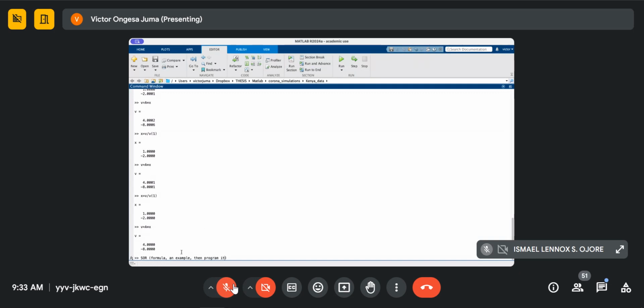So you have a formula, you have an example. Of course, you have to do it by hand because you have to understand by hand. And then you make a program to do the same formula. Then implement Jacobi and Gauss-Seidel methods.